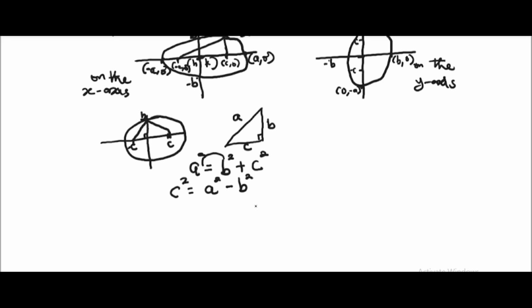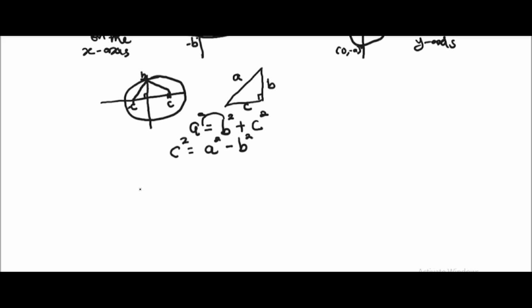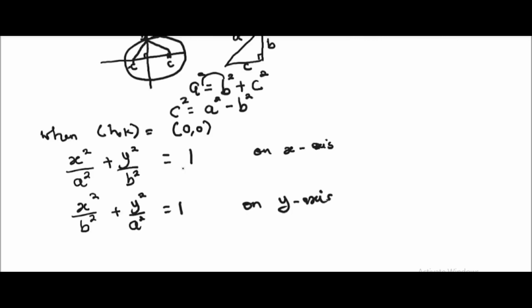Now, what is the equation of an ellipse? I gave you the center h comma k. When the center is 0, that is when h comma k is 0, the standard equation becomes x squared over a squared plus y squared over b squared.